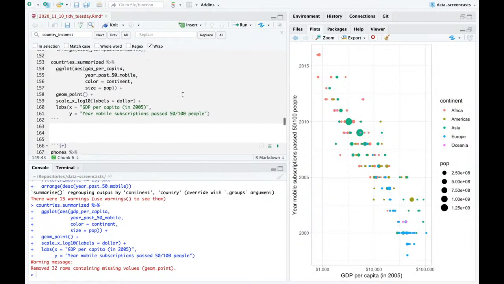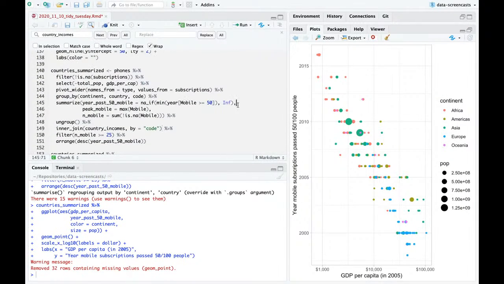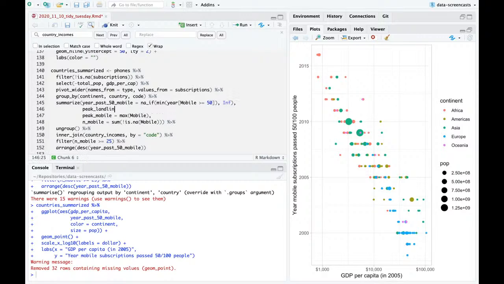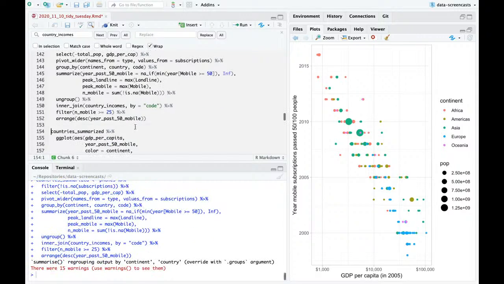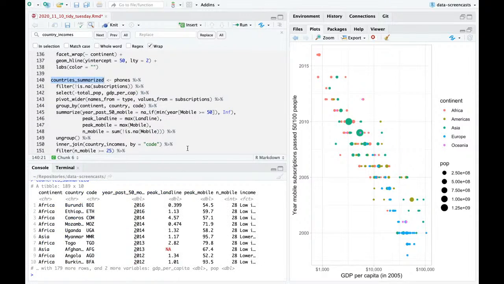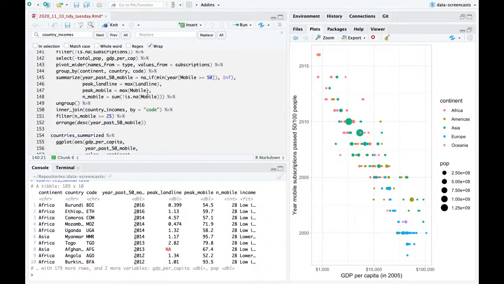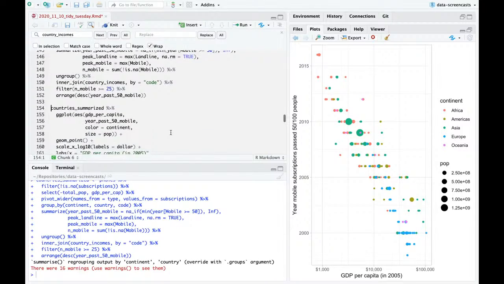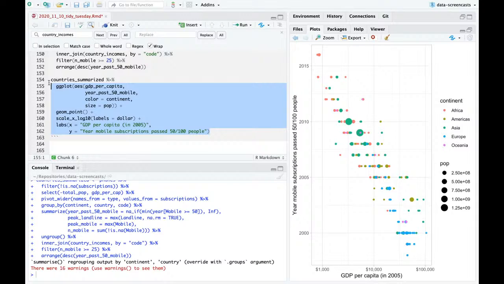Okay, I could aggregate other things too. I could say peak landline, and that's max landline, and I'll do NA.RM equals true. This is the peak landline amount, not the peak year.